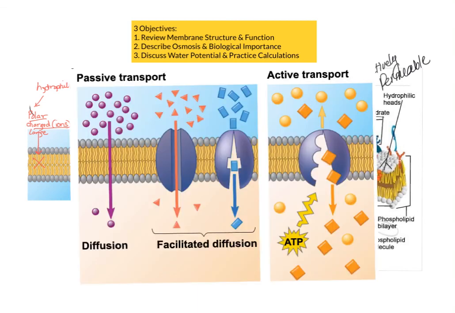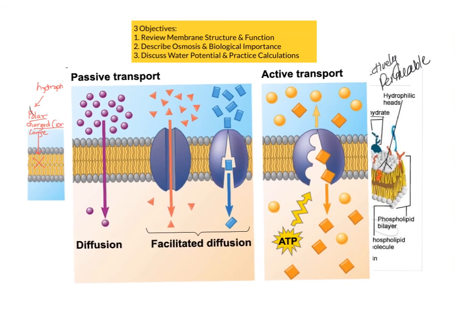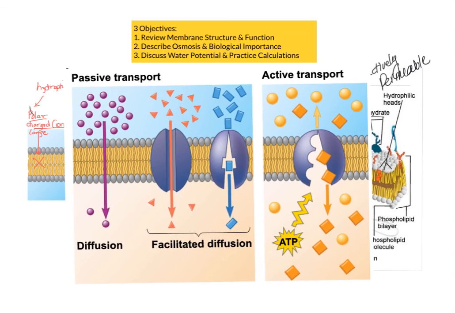Okay, and just to wrap up this first objective, specifically as we think about how substances move through the membrane, we were introduced to a few different terms. So on the left-hand side of this figure right here, this is passive transport. So passive transport, again, this is transport across the membrane where no energy is required to move the substance.